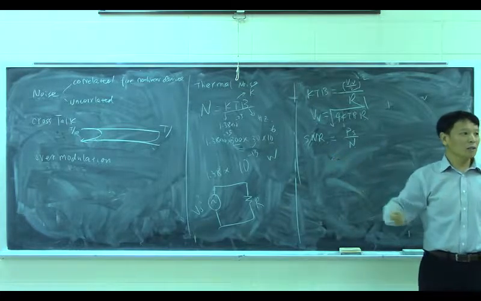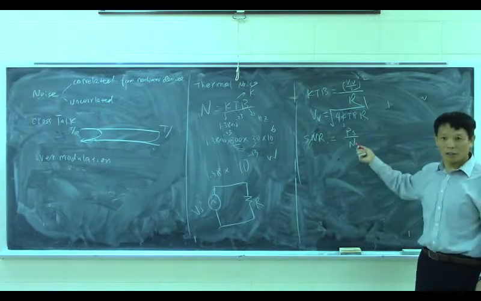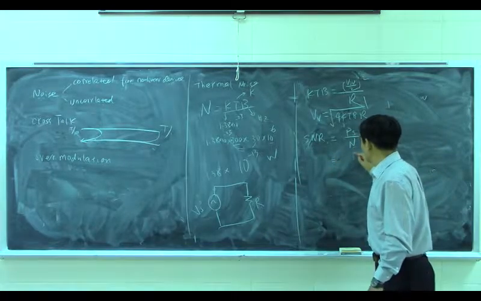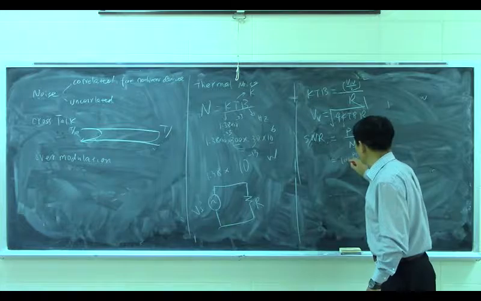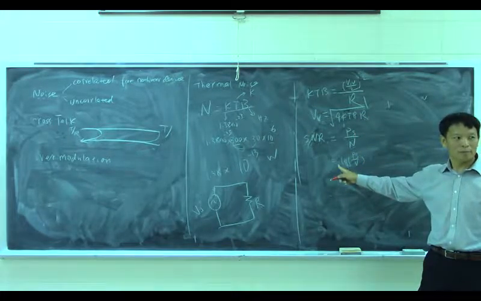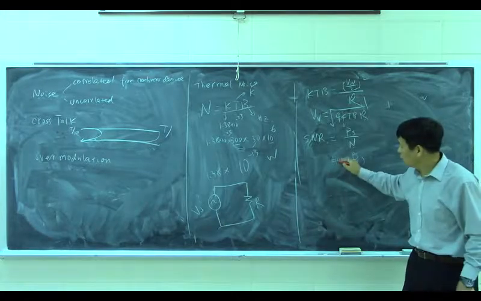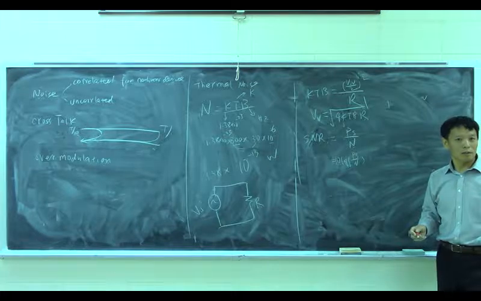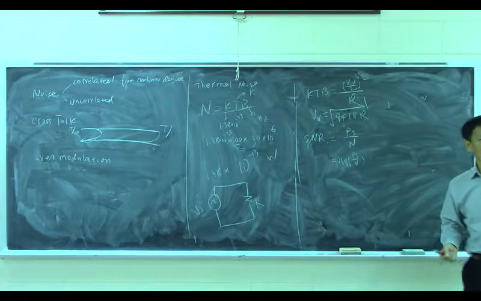So we are going to use the dB concept instead of the absolute value. In dB, we take Ps over N, take the log base 10, times 20 or times 10? Times 10, right? Because we are talking about power, so times 10. So that is called the signal to noise ratio.